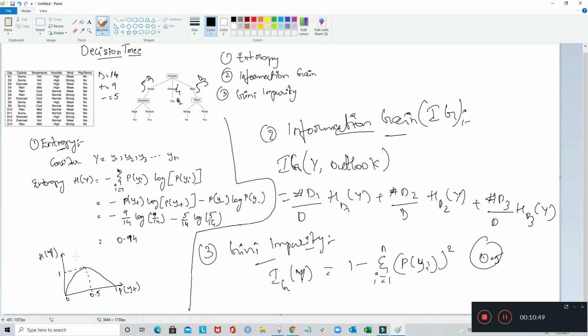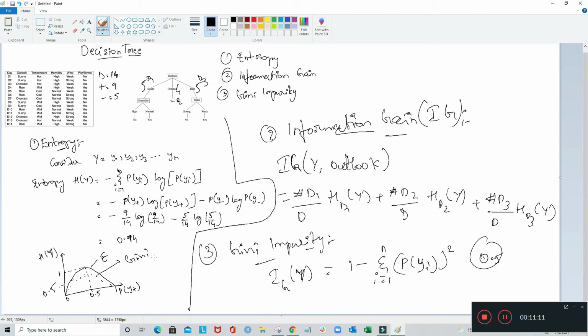So if you see this graph, this will be the Gini impurity graph, and this value will be 0.5. This is entropy, and this inside part is Gini impurity.